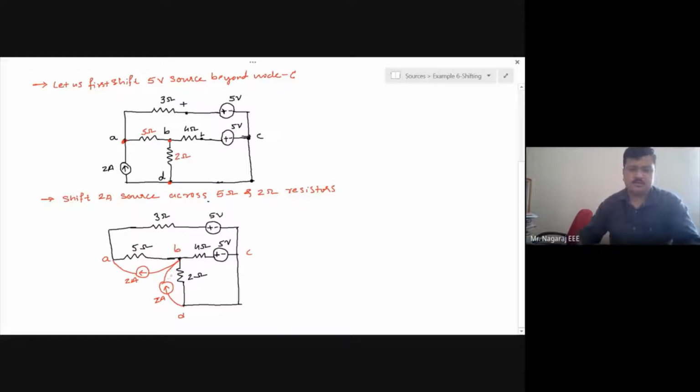And at node B, the moment 2 ampere current enters, it will exit.